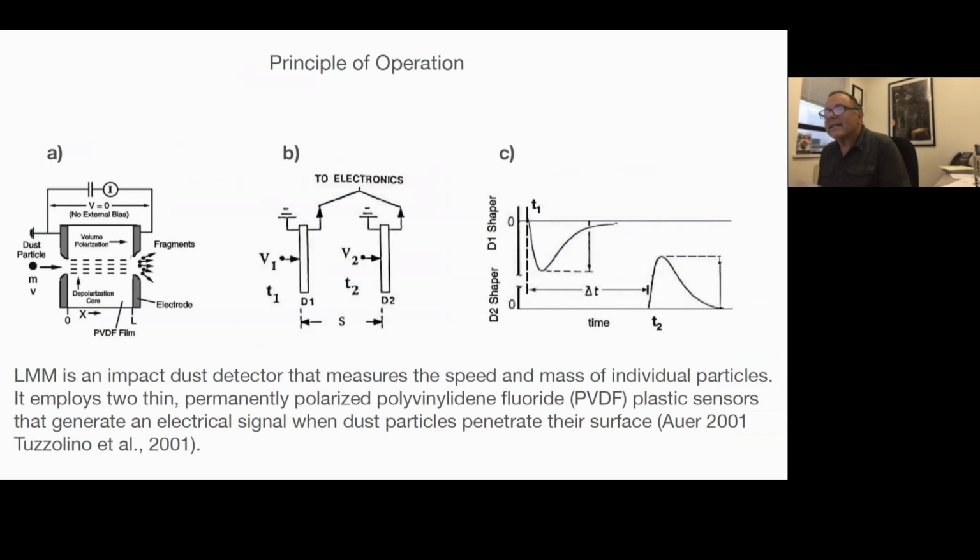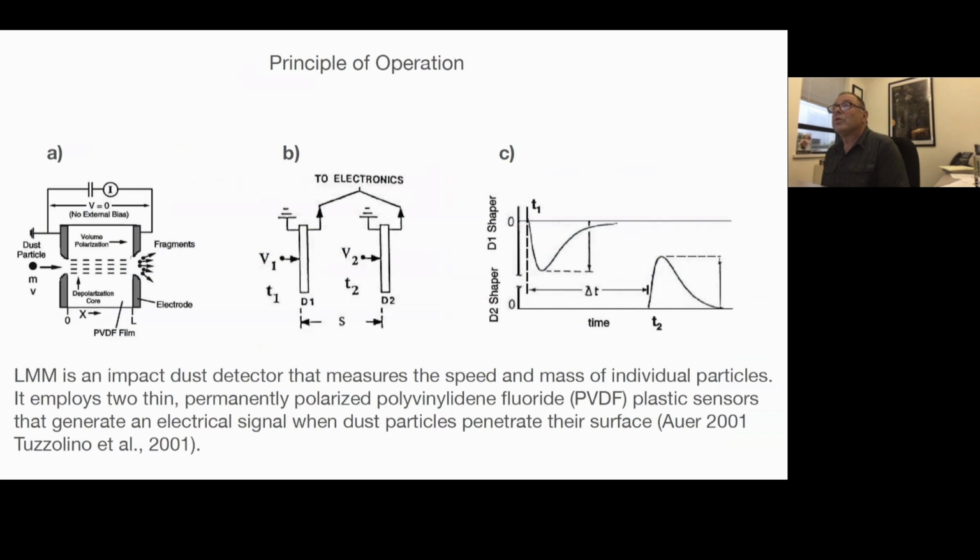So it turns out that the fluxes are relatively modest, so you need a large surface area, and the type of instruments that you could use would employ thin plastic films. PVDF, polyvinylidene fluoride films, have been used as dust detectors. They are permanently polarized, and when the particle excavates a crater, they generate an electrical signal.